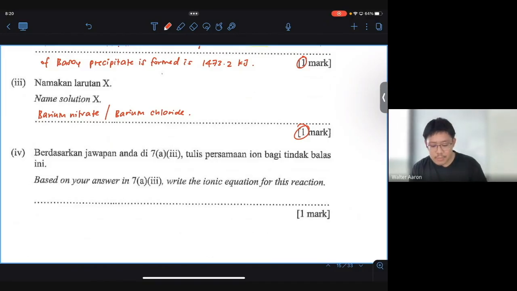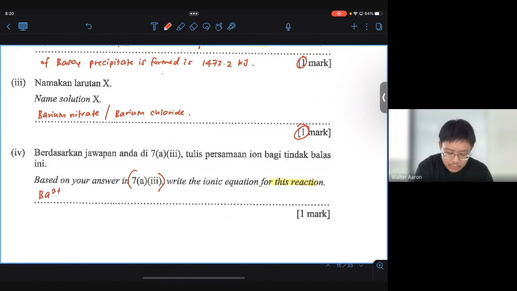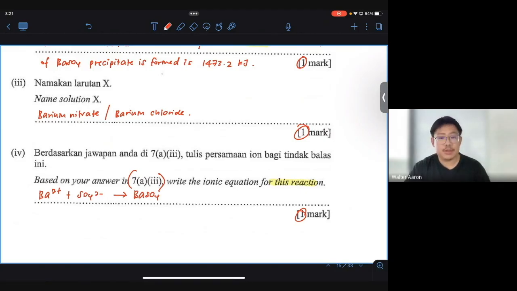Is it of the barium nitrate, because you say based on 7A3? Is it based on barium nitrate and barium chloride, or is it the reaction itself? They actually said it's for this reaction, so it must be the precipitation. Therefore, the ionic equation here is for the precipitation, which is Ba2+ plus SO4 2- to give BaSO4. So that's your ionic equation.